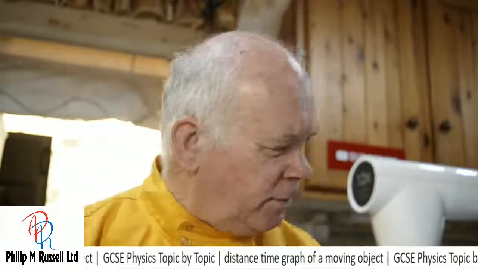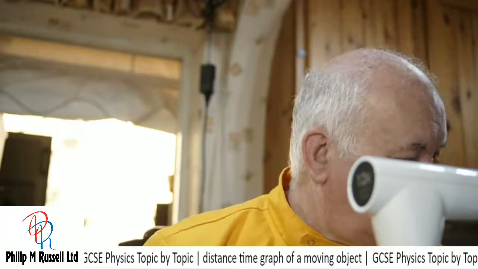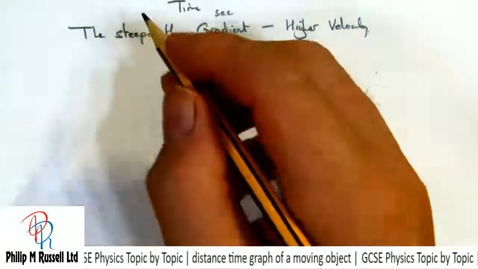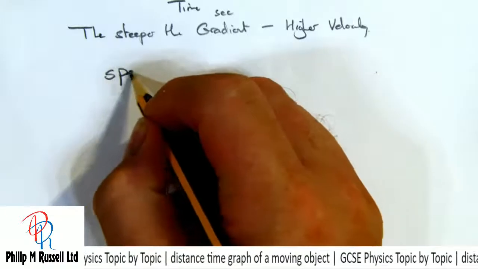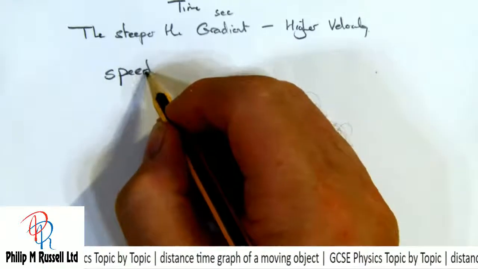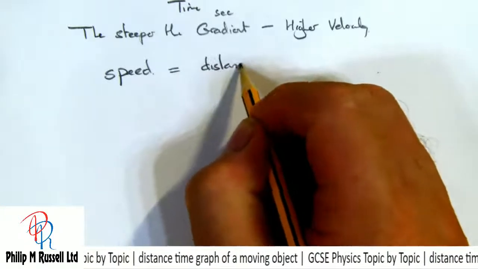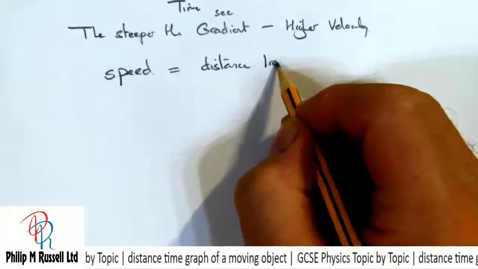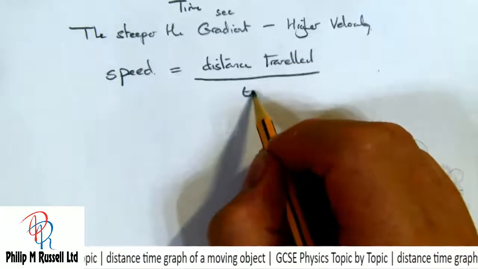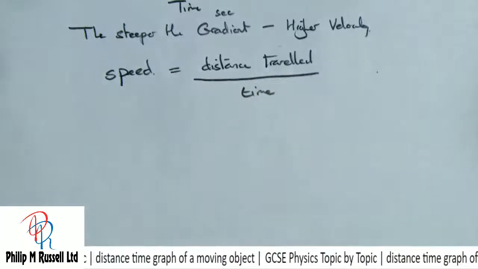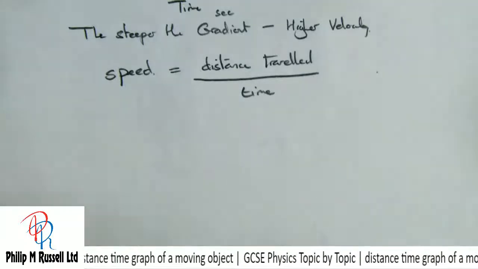Well, I suppose I ought to mention one other thing first, and that is that my speed is equal to my distance travelled divided by the time taken. So there's my first little bit.